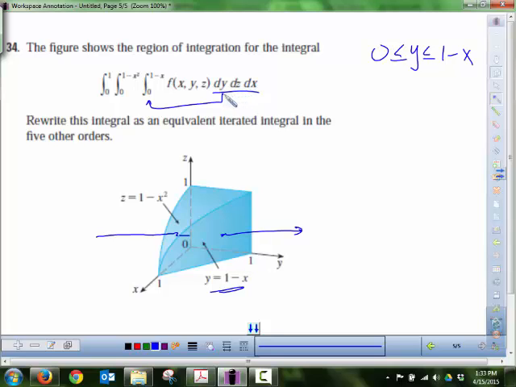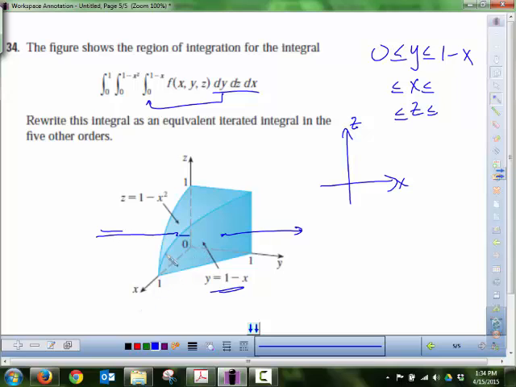Now they integrated with respect to z and then x, so this time we'll integrate with respect to x and then z, just to change the order, which is our exercise here. So I need to look at this shadow. The first integral with respect to y is already taken care of. Now I want to look at the shadow on the xz plane, where x is pointing to the right.